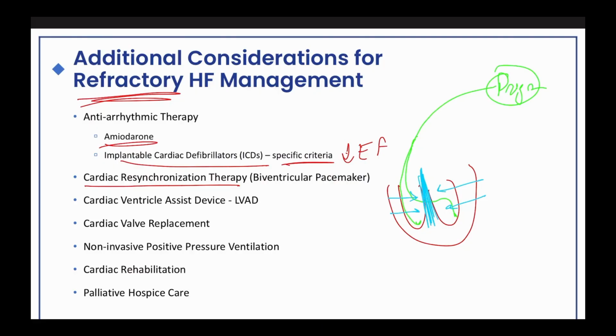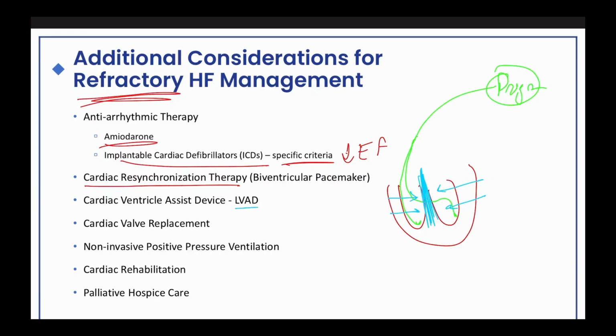Nothing comes out. Same thing here. The left and the right side don't work together anymore. They don't squeeze properly, and you have reduced ejection fraction. Cardiac resynchronization therapy tells both sides of the heart to squeeze together. It bypasses the whole bundle branch block, and we get resynchronization of the ventricles. And their EF improves.